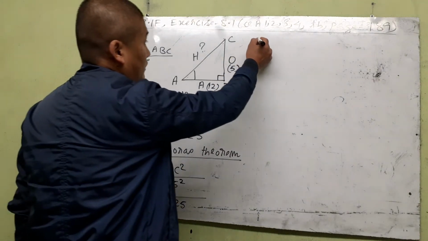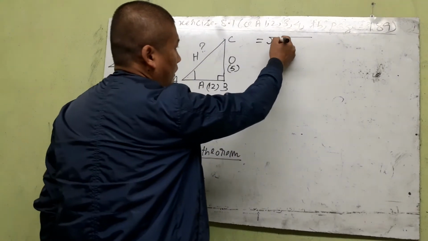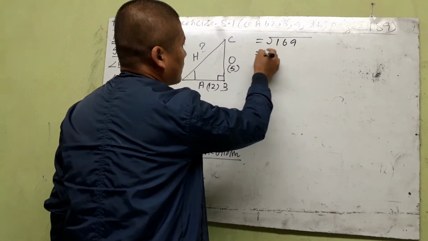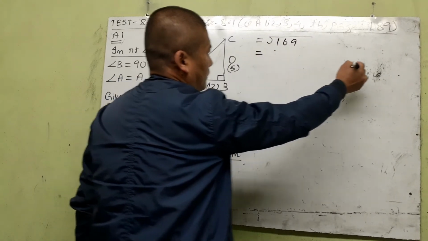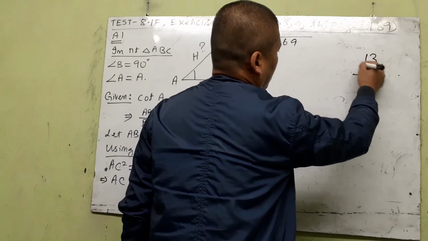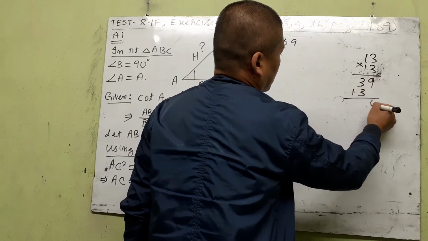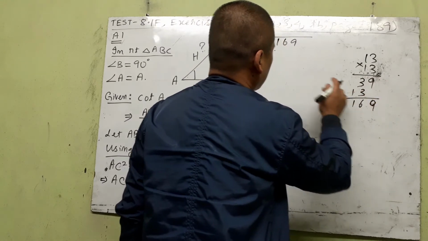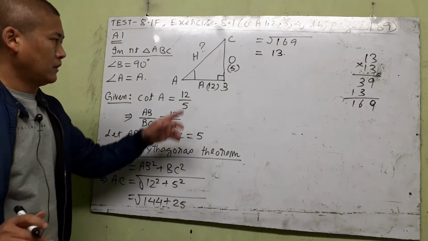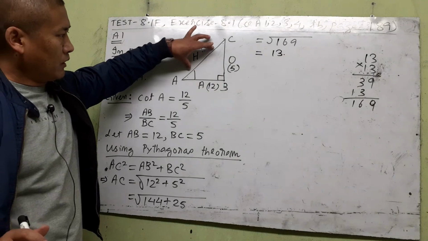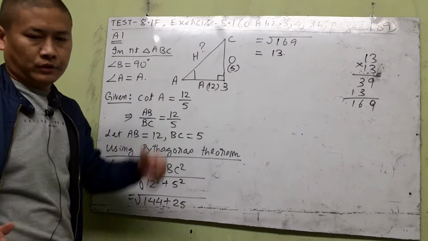That gives root over 144 plus 25 is 169, and 13 into 13 is 169. When we multiply, 3 3s are 9, 3 1s are 3, 1 3s are 3. So it's exactly coming out as 169. So 13 into 13 can come out of the root as 13. So we know all the three sides now: AC 13, BC 5, and AB 12.